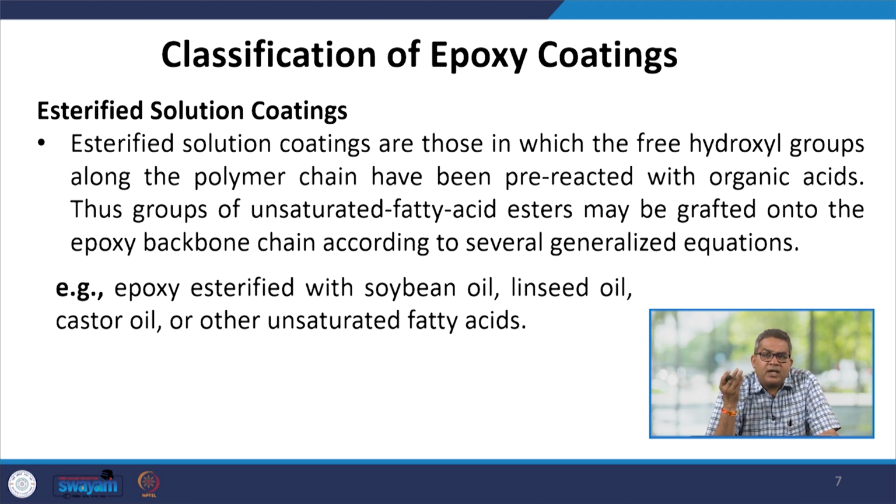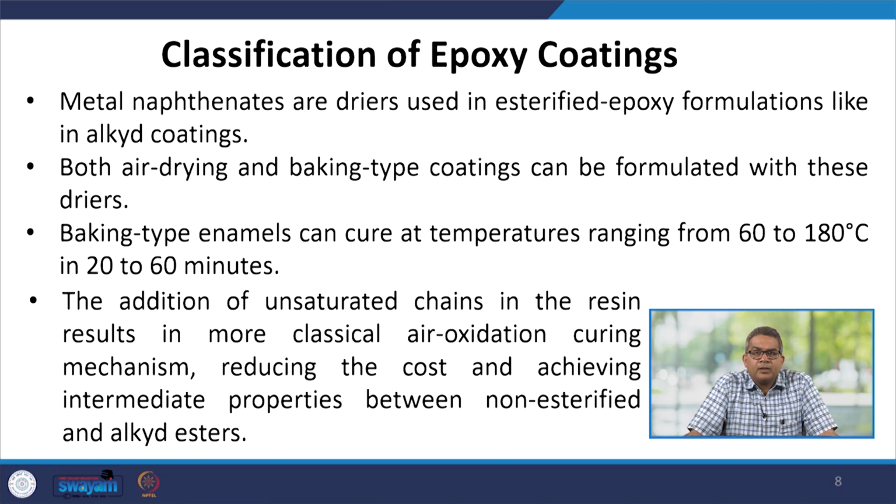Examples are epoxy esterified with soybean oil, linseed oil, castor oil, or other unsaturated fatty acids. Then metal naphthenates are used as driers in esterified epoxy formulations, like in alkyd coatings. Both air drying and baking type coatings can be formulated with these kinds of driers.